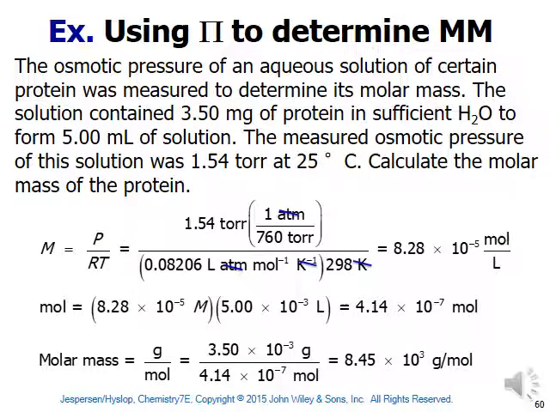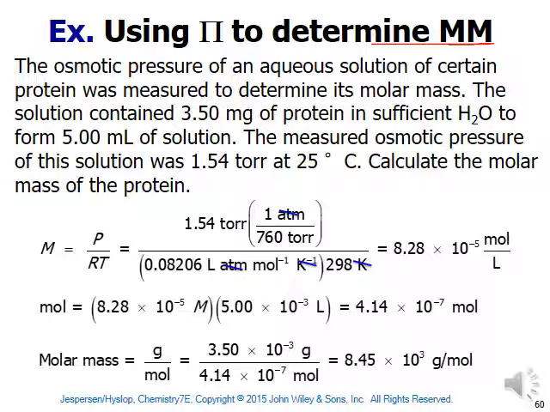Now what we're going to do is use this to figure out molar mass. The osmotic pressure of an aqueous solution of a certain protein was measured to determine its molar mass. I used to do this when I was working in a biochemistry lab years ago.